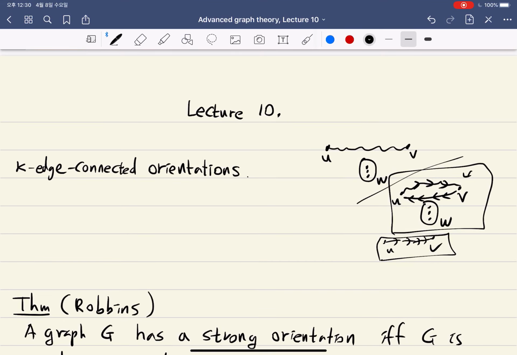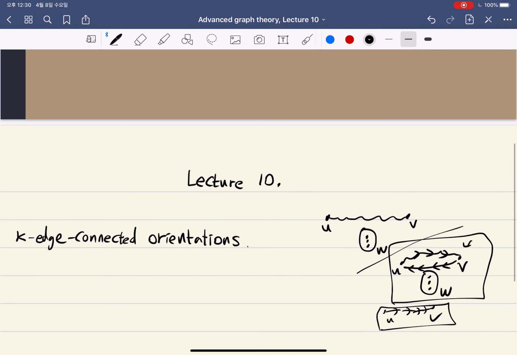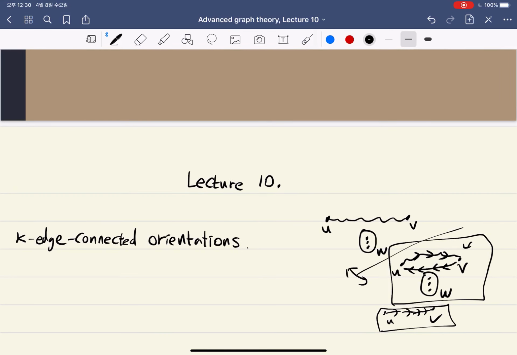And for edges, you also define it similarly. Instead of deleting vertices, you can consider the situation of deleting edges. Then that defines the edge connectivity. Then it's natural to ask how these two are related when we orient the edges of an undirected graph.